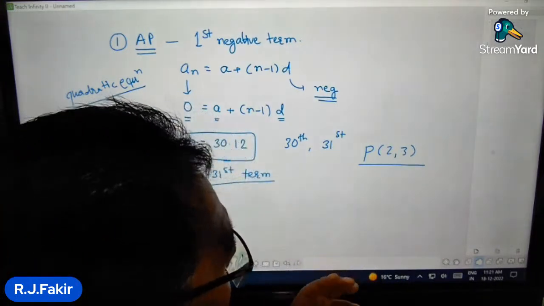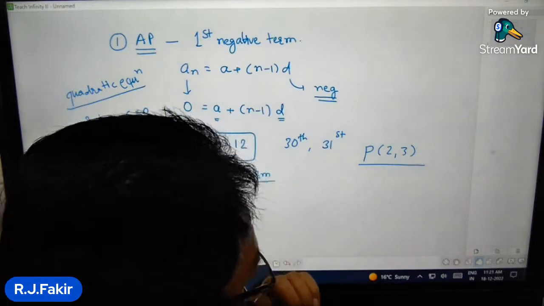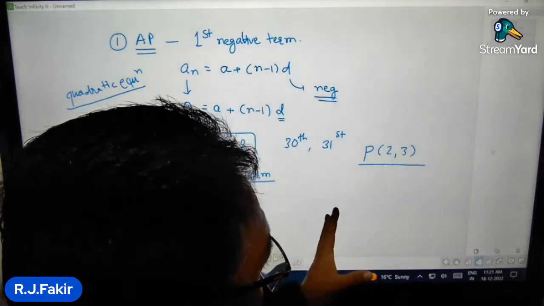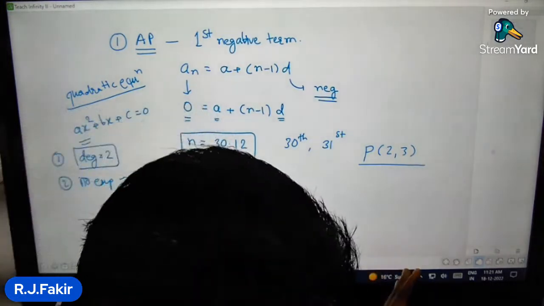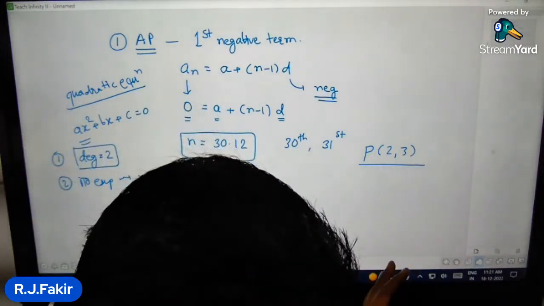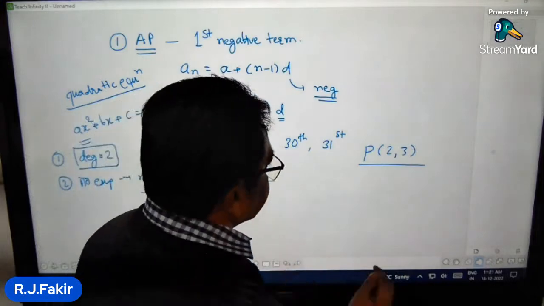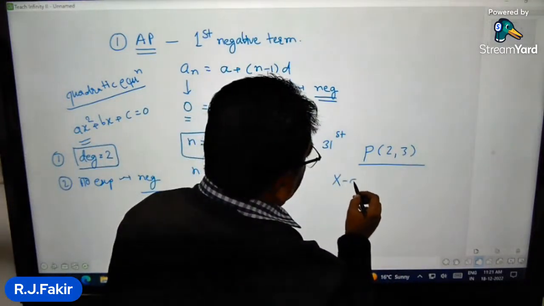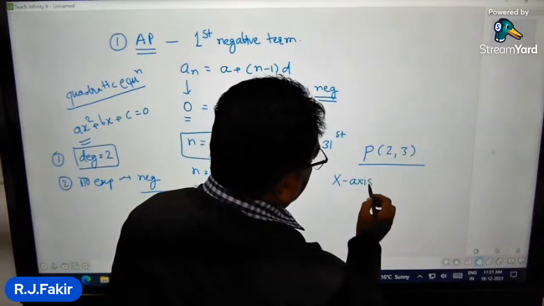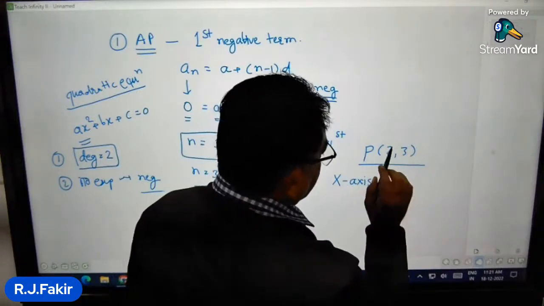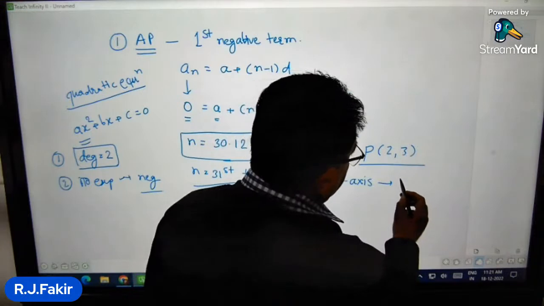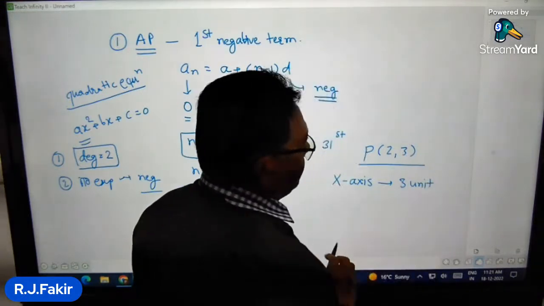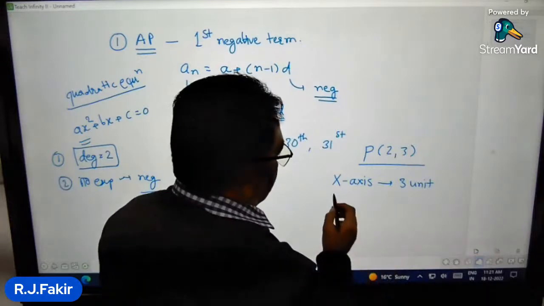Always remember, whenever the coordinates of a point are given and the distance from a particular axis is asked, like here they are asking from the x-axis, then you just write down the y coordinate, 3 units. That's all. No need to worry.